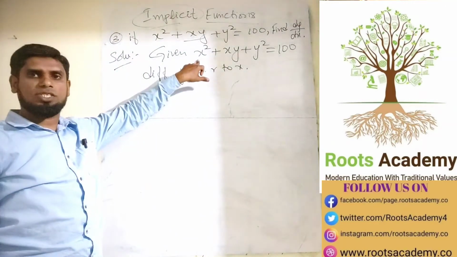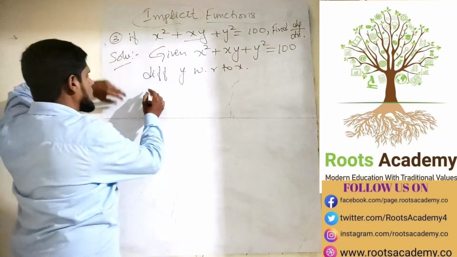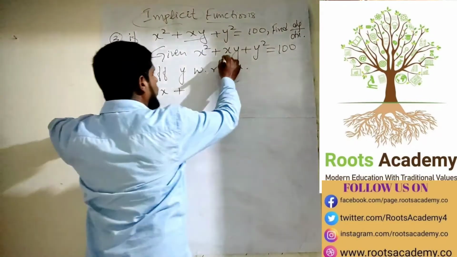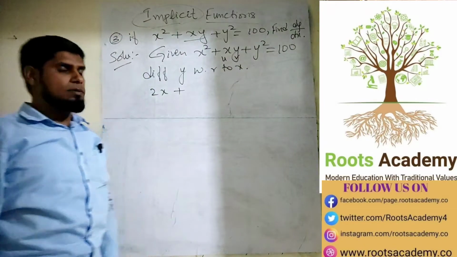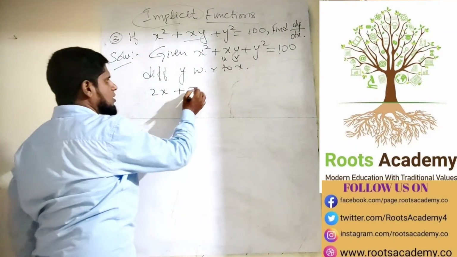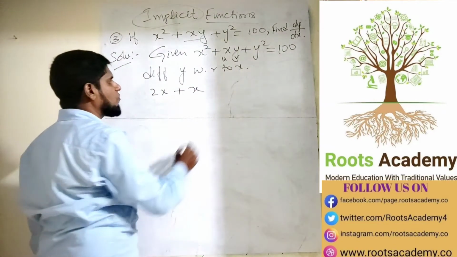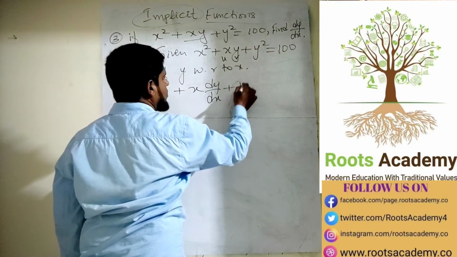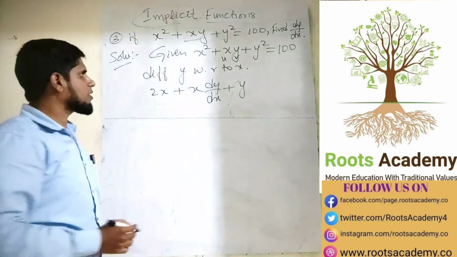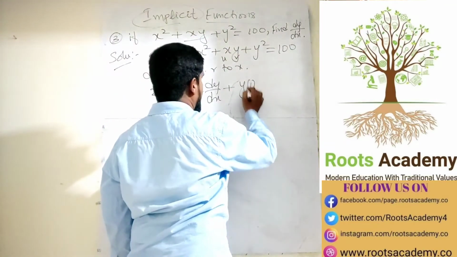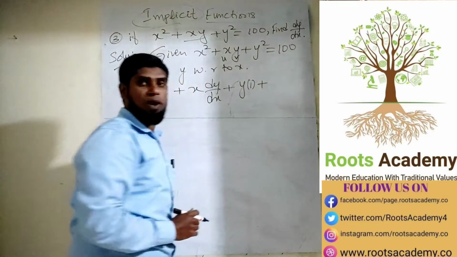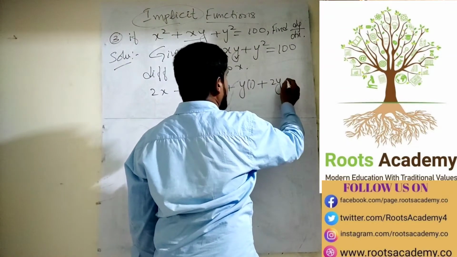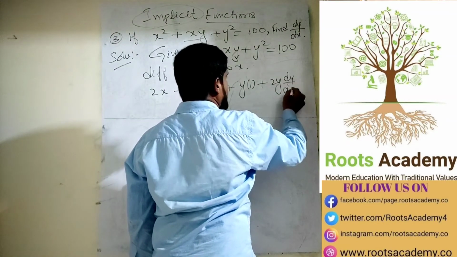First, derivative of x square is 2x, plus the u into v rule here. So first function as it is, derivative of y is dy by dx, plus second as it is, derivative of x is 1, plus derivative of y square. Derivative of y square is 2y into dy by dx.